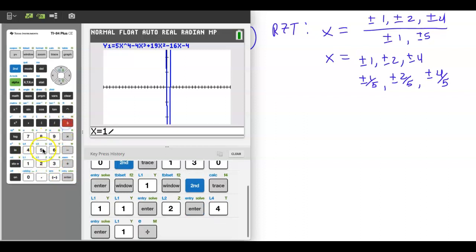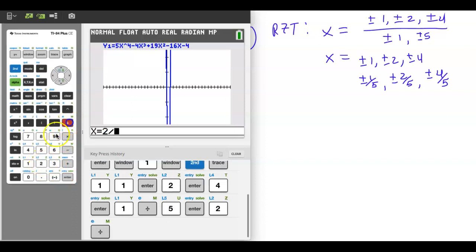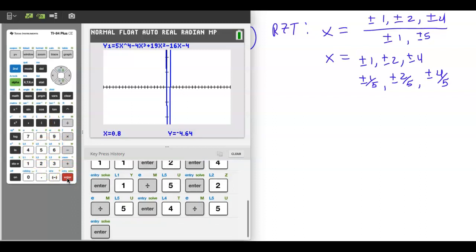And then 1/5 doesn't work. 2/5 doesn't work. And 4/5 doesn't work. So now we'll run through all of our negative ones. So -1 doesn't work. -2 doesn't work. All right, so -4 doesn't work.